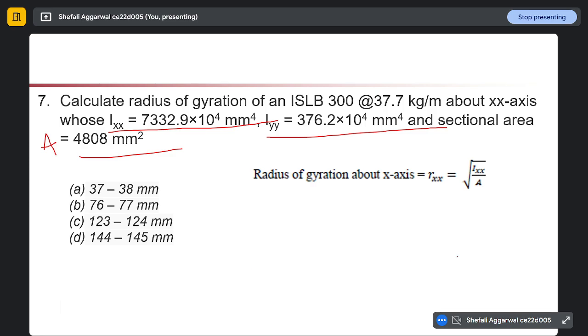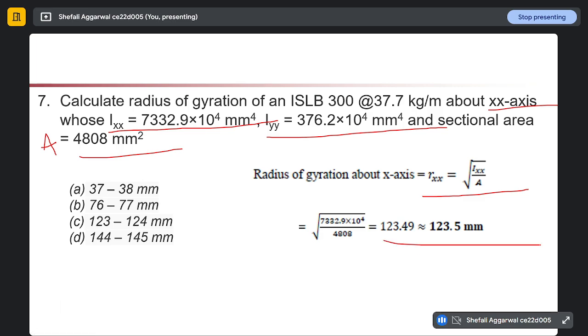Radius of gyration is given by the square root of I upon A. They are asking about the x-axis, so we only need I-xx. Using that formula we get the radius of gyration as 123.5 mm. Okay, simple question.